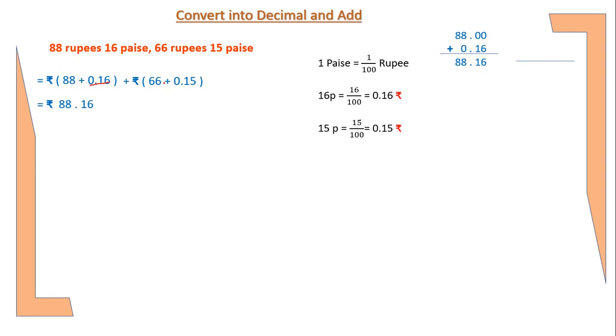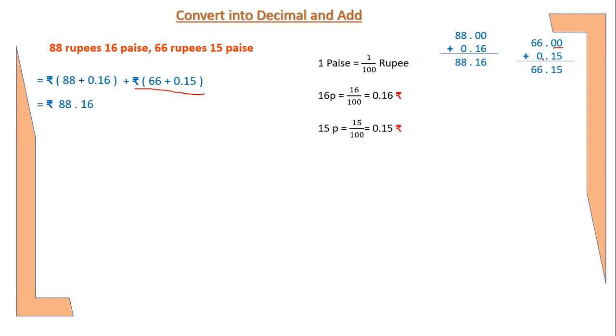Next, I will add the another unit of money, that is 66 rupees and 0.15 rupees. 66 I wrote it as 66.00 because they are not given the decimal part, but here it is a two decimal places, so I wrote two zeros at end here. Next, I will take the another number. I will arrange it below the first one.